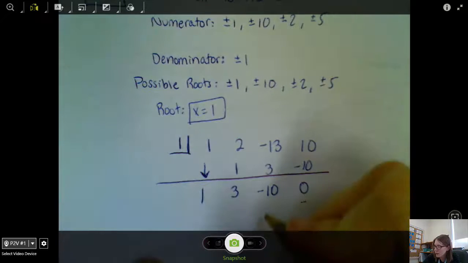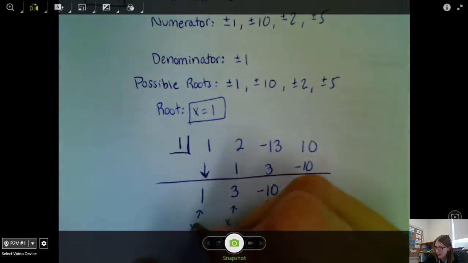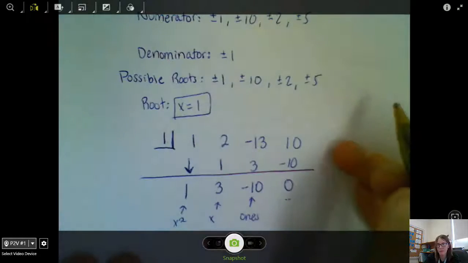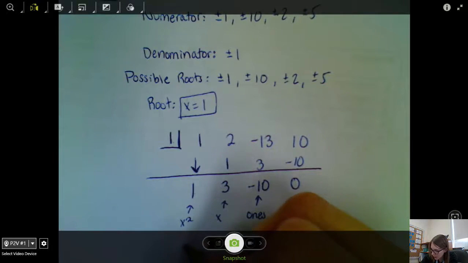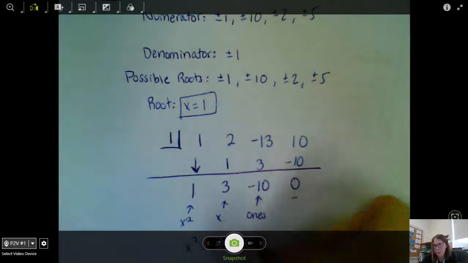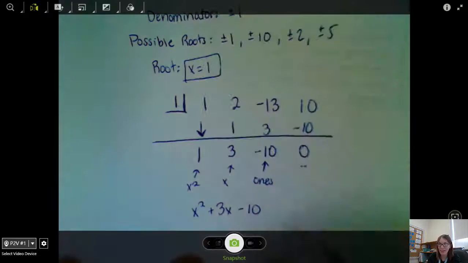Here's our remainder. Here's our 1s, our x's, and our x squared. We have 1x squared plus 3x minus 10. This is actually really nice.